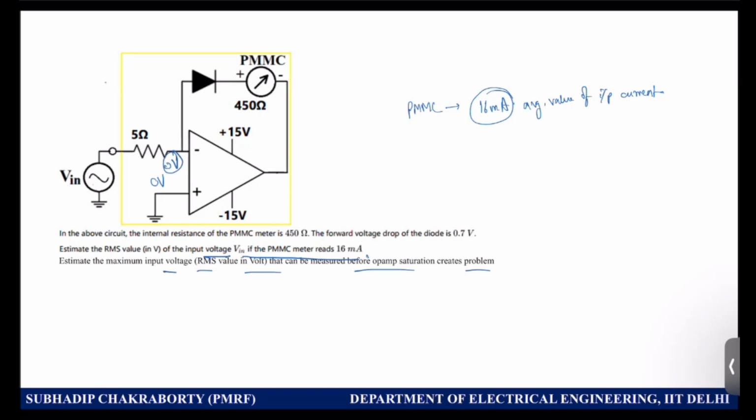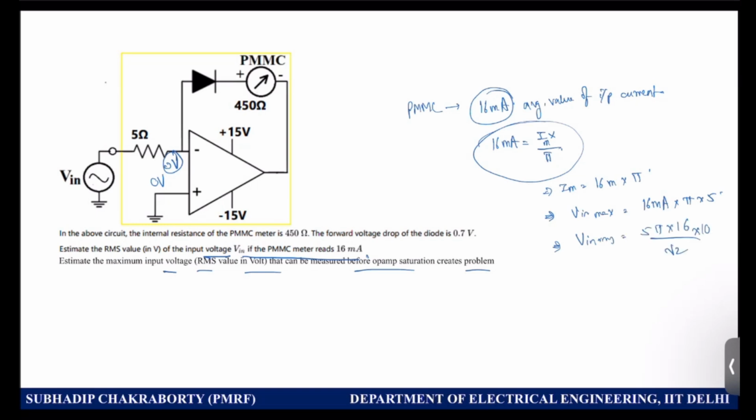So Im by pi is the average value. So Im can be written as 16 milli into pi, and V in max is nothing but 16 milliamps into pi into 5. So V in RMS is 5 pi into 16 by root 2 into 10 to the power minus 3.